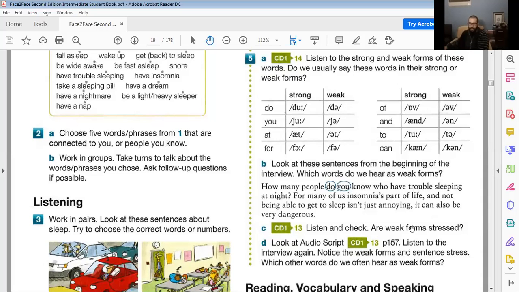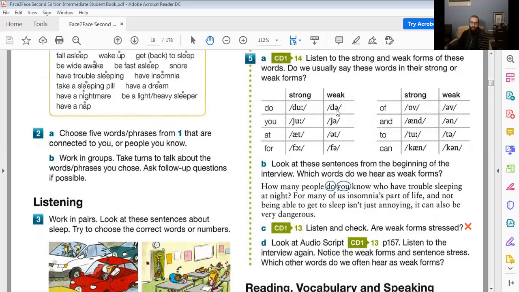Okay, so we listened and we checked, and of course we also found the answer to this question. Are weak forms stressed? Of course they're not. Because all the pink words, the weak form words, were not stressed, because the rule is if there's a schwa, the syllable cannot be stressed.